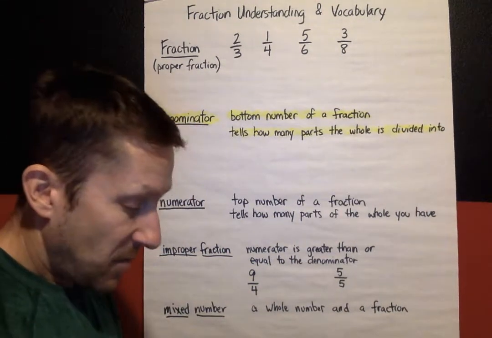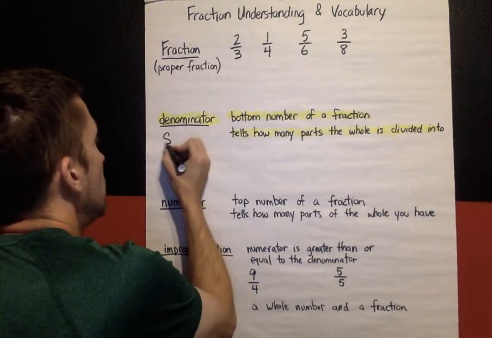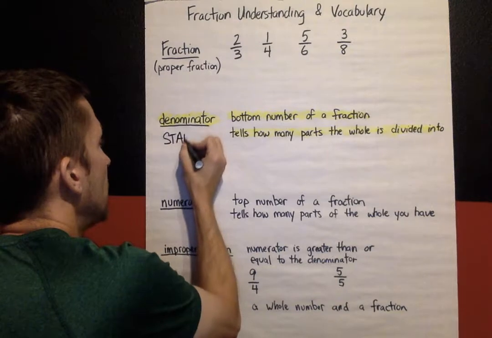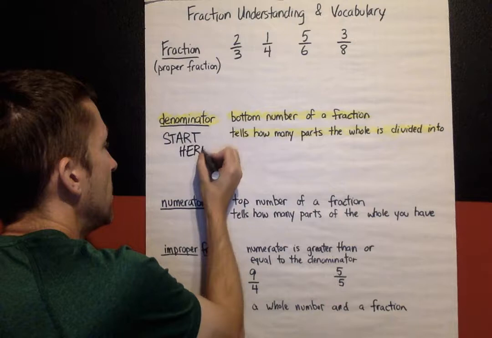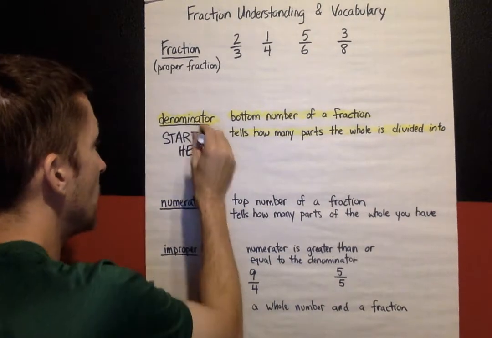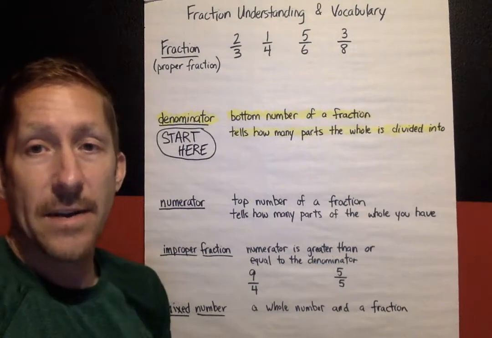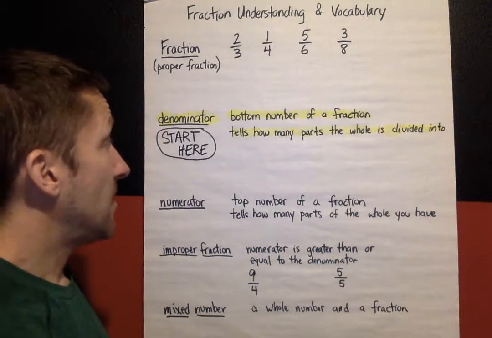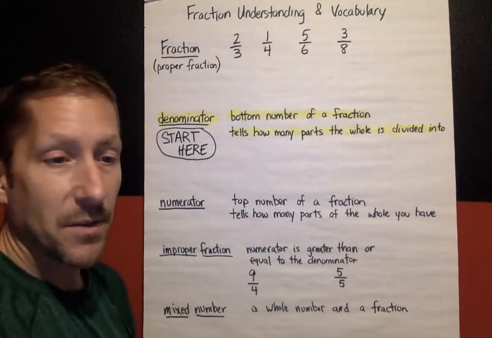When you are trying to understand a fraction, I'm going to write this in huge letters, you should always start here with the denominator. Start on the ground floor, the bottom, the denominator. It tells you how many parts the whole is divided into.